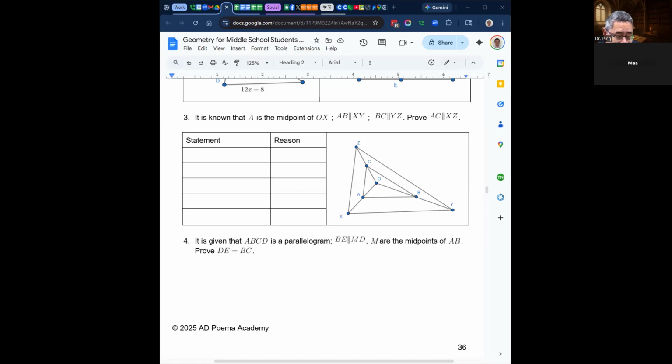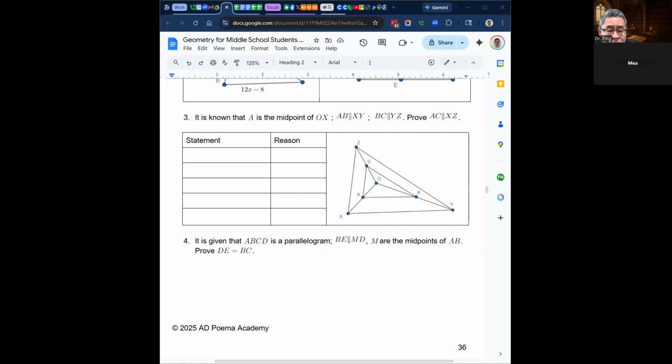So this is kind of like the converse. If we join two middle points, the line will be parallel to the third side, and also it's half the length, which is something we used to do that. So basically, that's where it is.